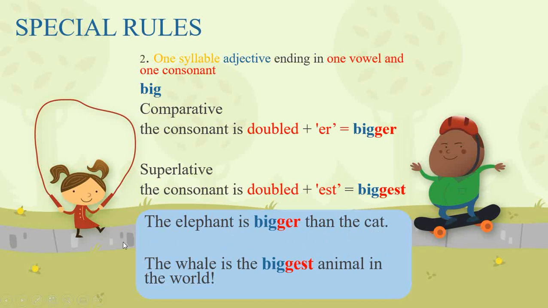Now with the superlative form: the whale is the biggest animal in the world. We're comparing the whale with all the animals in the world. That's more than two animals.